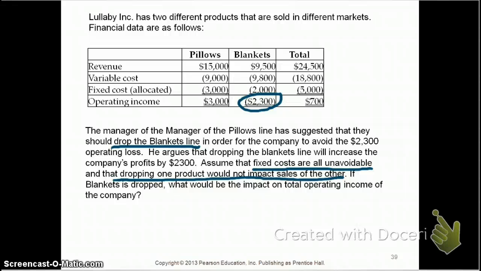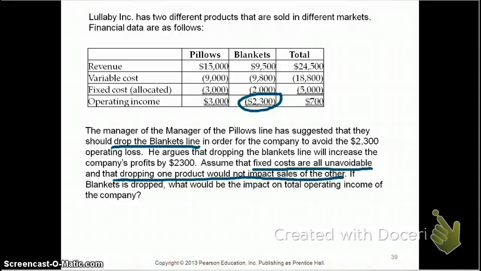Why is that? If you notice the fixed costs here, the fixed costs are allocated. In Chapter 3, we said we took our total fixed costs that were expected to be incurred by the company divided by the allocation base and then allocated to our two products. And we allocated $3,000 to pillows and $2,000 of fixed cost to blankets, giving us a total of $5,000 of fixed cost. But these costs were allocated to blankets. They were not incurred by the blankets.